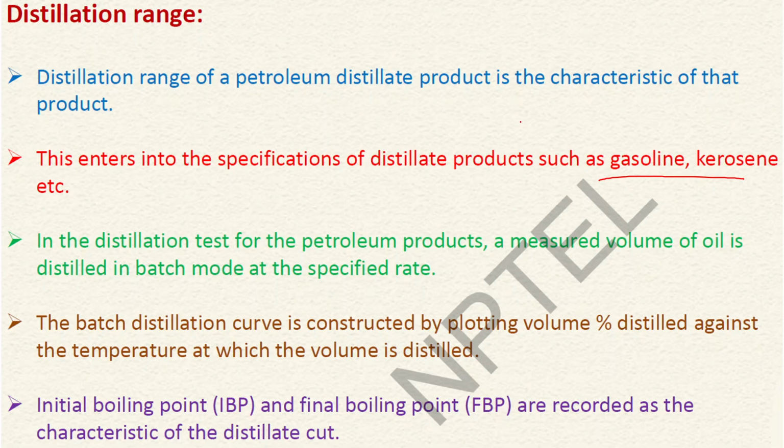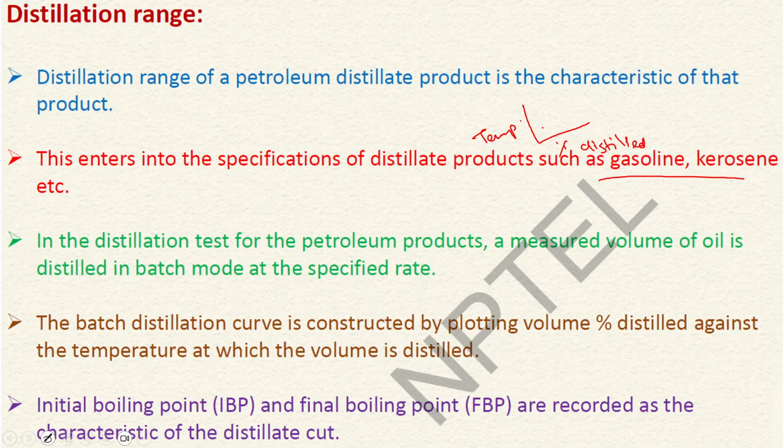What happens is, we take a sample of crude oil, and when it is heated, different distillation cuts are taken out. Depending on the temperature, the volume percent distilled is plotted against the temperature at which the volume is distilled.